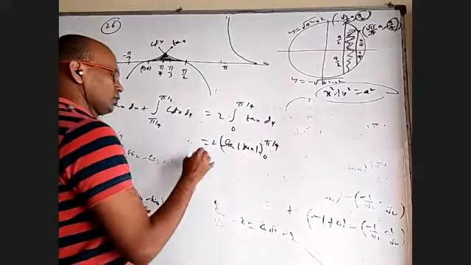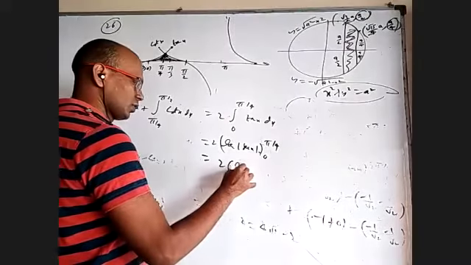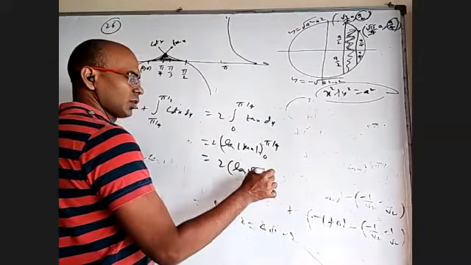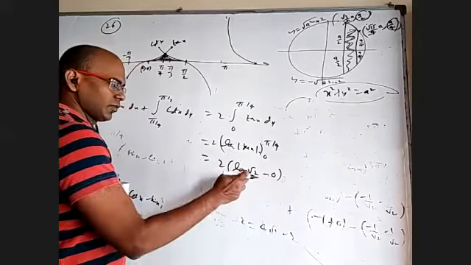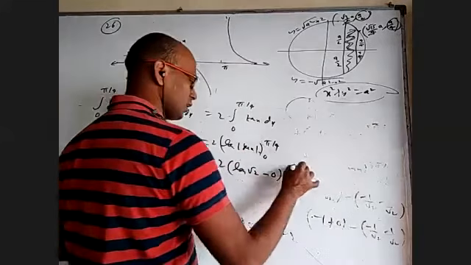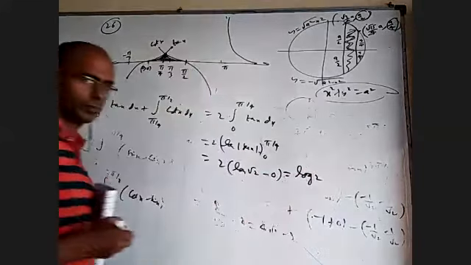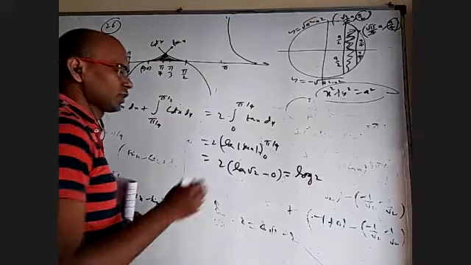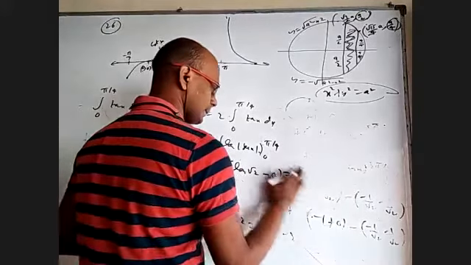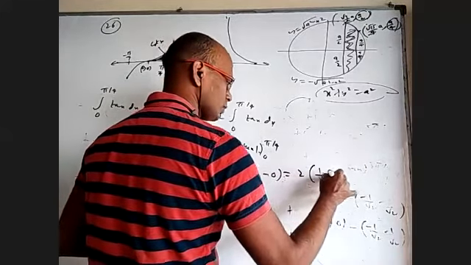When I put pi by 4, it is log root 2. When I put 0, it's log 1, and log 1 is 0. This power 1 by 2, I can take it out. Finally, it is 2 times half log 2, which is log 2.